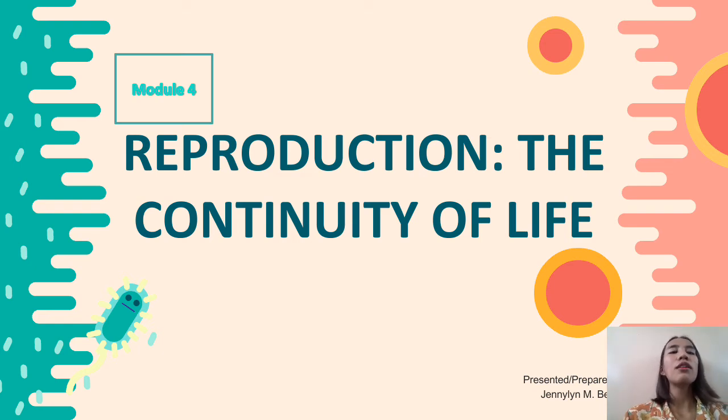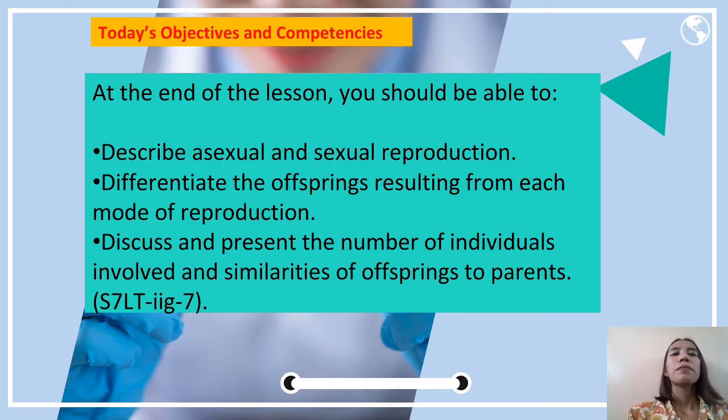So now, let's look at today's objectives, the competencies. At the end of the lesson, you should be able to describe asexual and sexual reproduction, differentiate the offspring resulting from each mode of reproduction, discuss and present the number of individuals involved and similarities of offspring to parents.